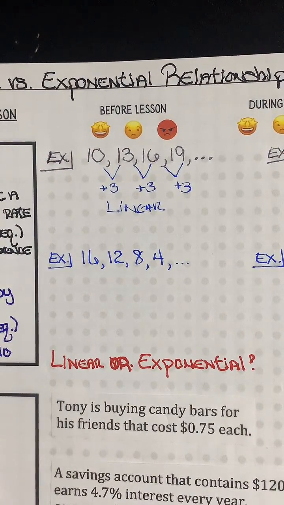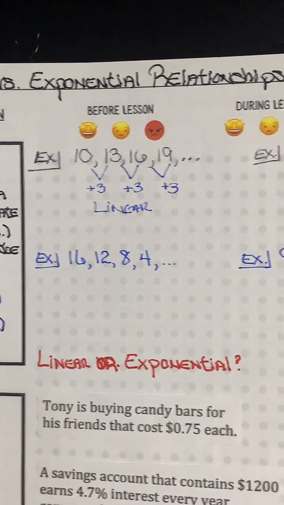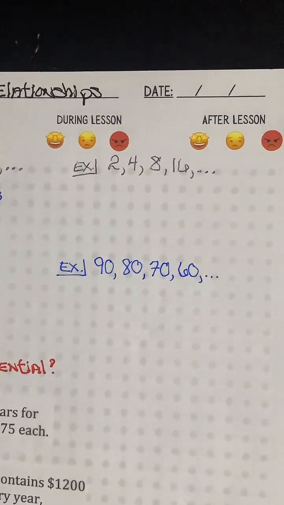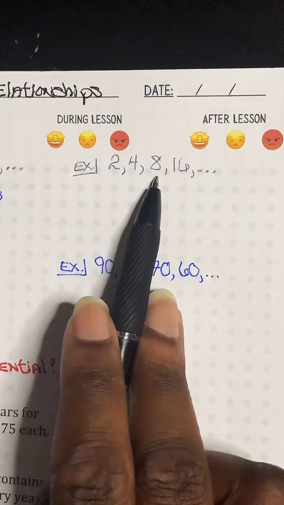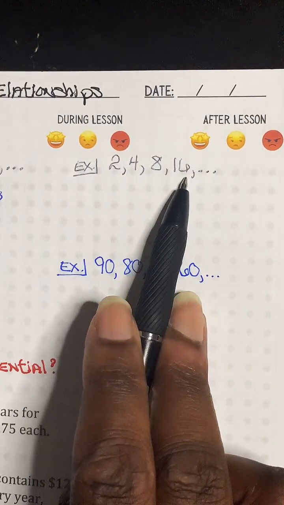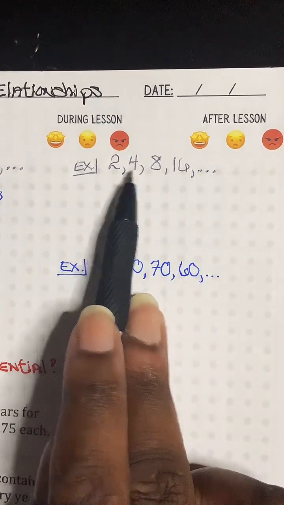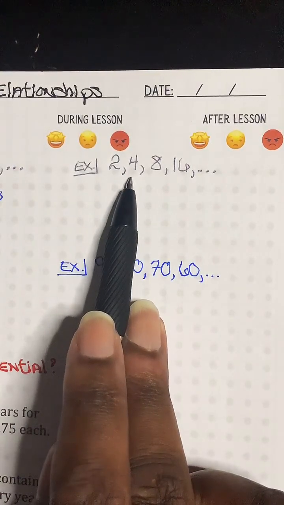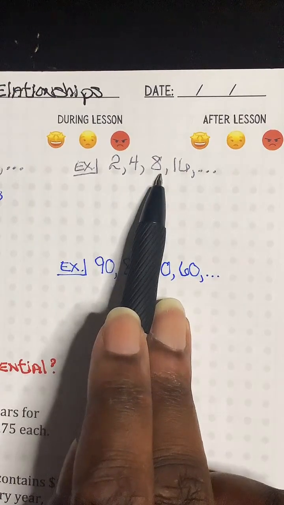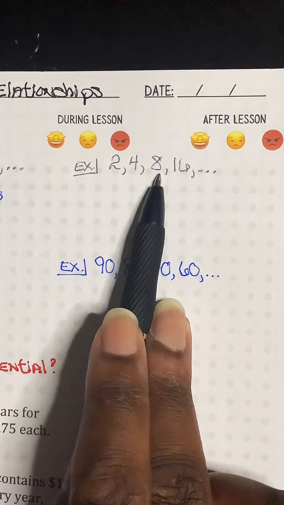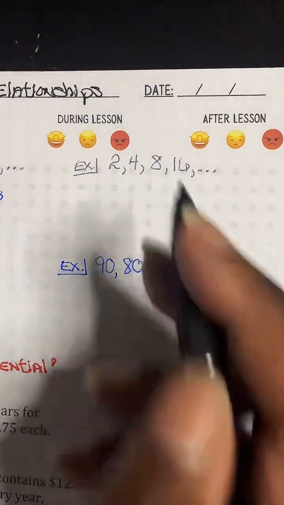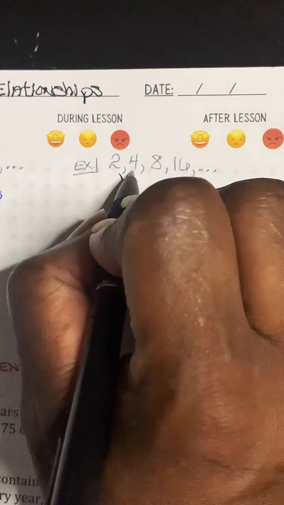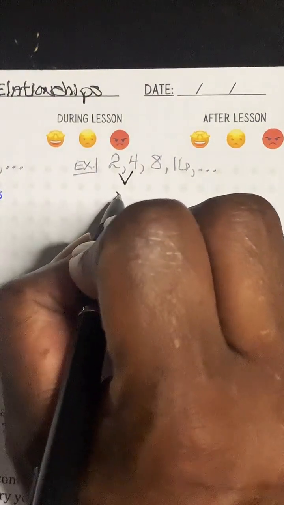Anyway, here we go. Now over here, we have 2, 4, 8, and 16. So you're like, all right, 2 to 4, that's plus 2. But is 4 to 8 plus 2? Okay, that's all right. So 2 to 4, instead of adding, it's really multiplying.